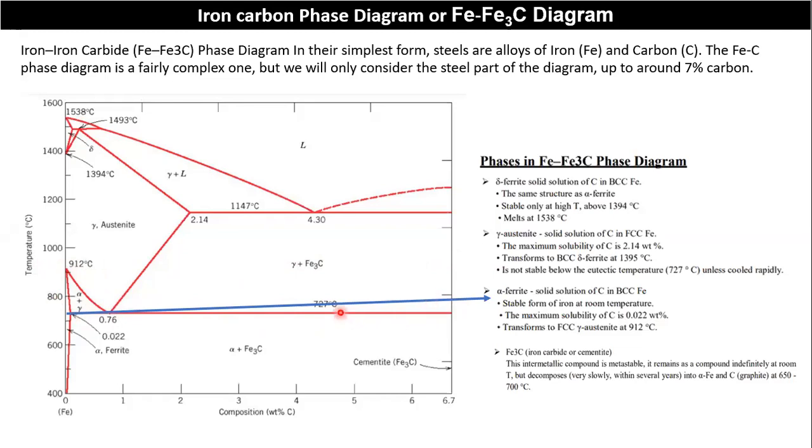So if you cross 727 degrees centigrade up to 912 degrees centigrade, between this region only, there is no magnetic property applicable. Either below or above we are, and this is attractable. So attraction is possible at a higher temperature of 912 degrees centigrade or below 727 degrees centigrade.